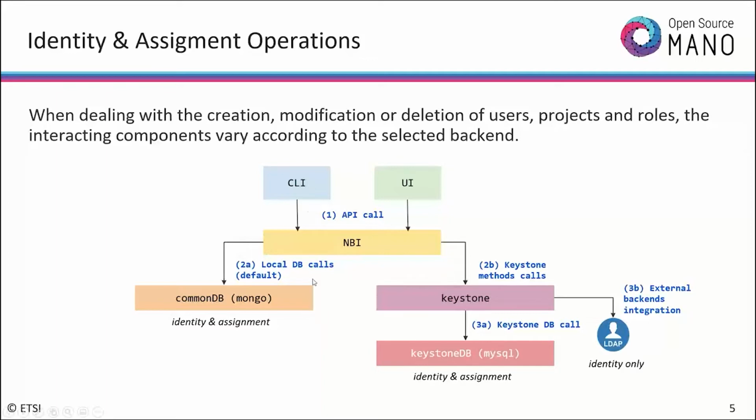Everything happens between the NBI, the common database, and Keystone, making the right changes related to permissions or new users, modifications, etc. And the database used by Keystone is MySQL. There are cases where there could be backend integration with LDAP for identity-only purposes, and that's also captured here for your understanding, but we don't have an LDAP module per se.